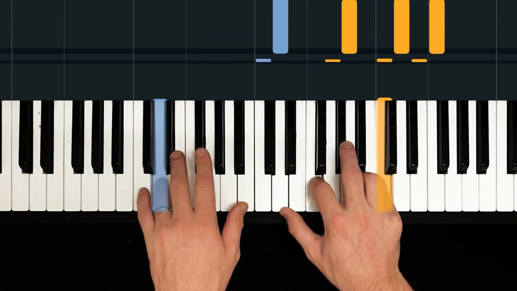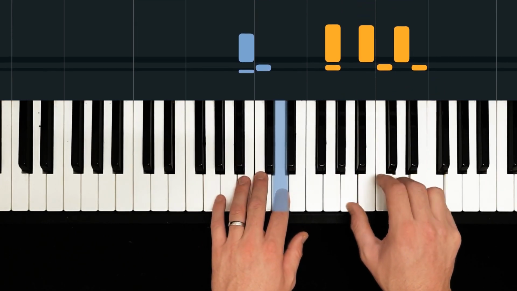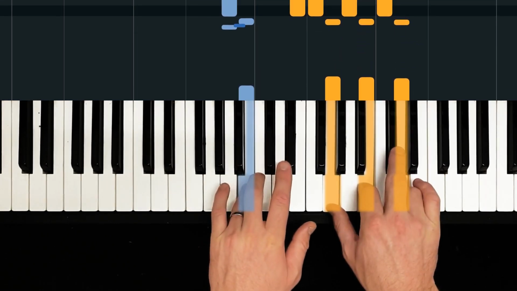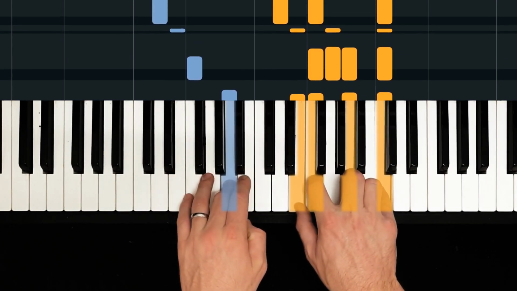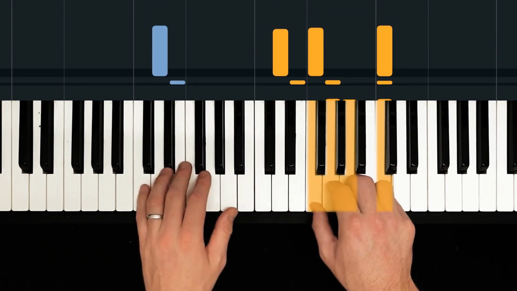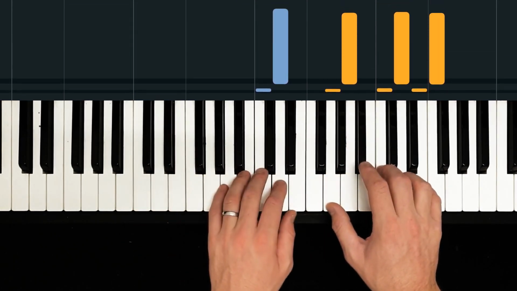That's chord progression A, now to B. And now to C, a 1 and a 2 and a 3 and a 4 and a.